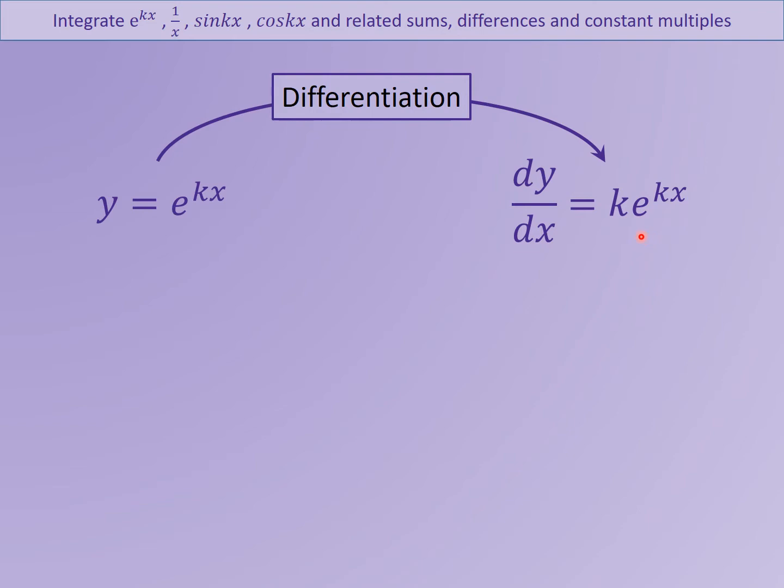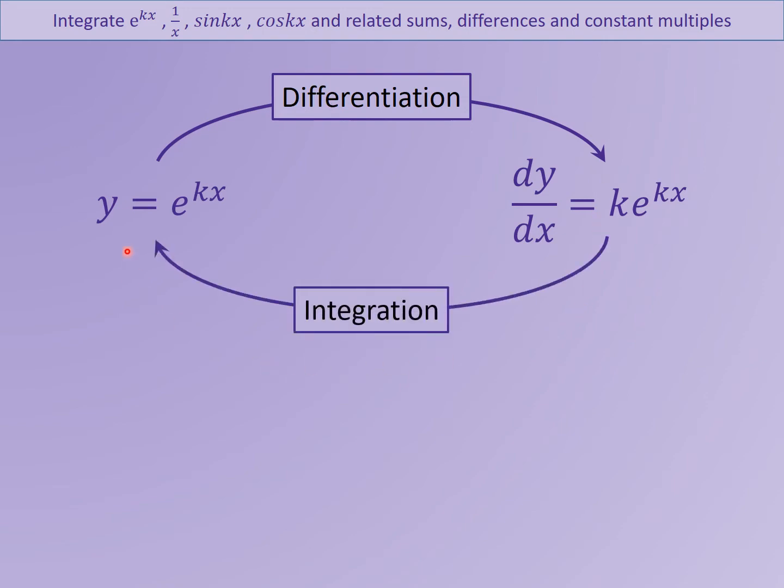What we're looking at now though is integration, and as you know, integration is the opposite to differentiation. So if I've differentiated this function to get to that gradient function, if I want to go back, then I'd have to use integration, and that allows us to figure out how we go about integrating exponential functions.